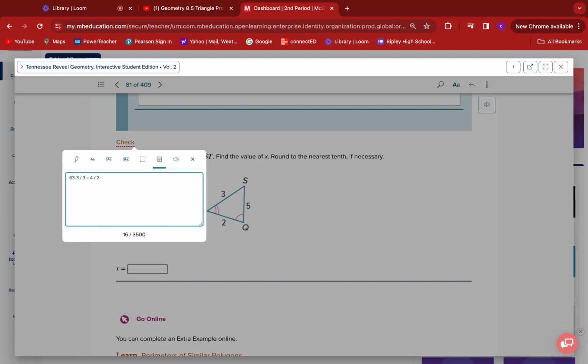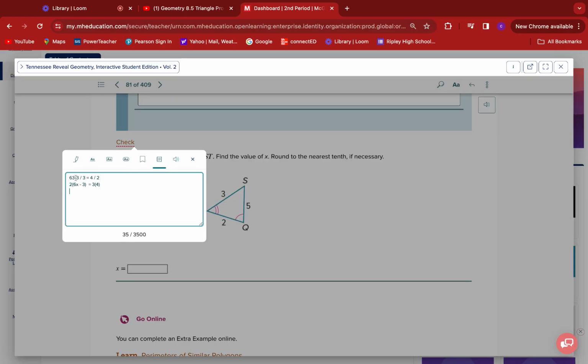All right, we're going to cross multiply. So we're going to multiply 2 times the 6x minus 3. And then we're going to multiply 3 times 4. My bad, 3 times 4.